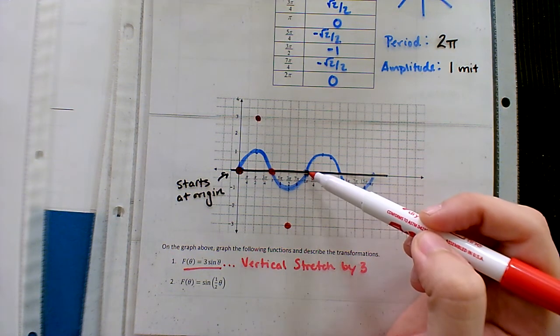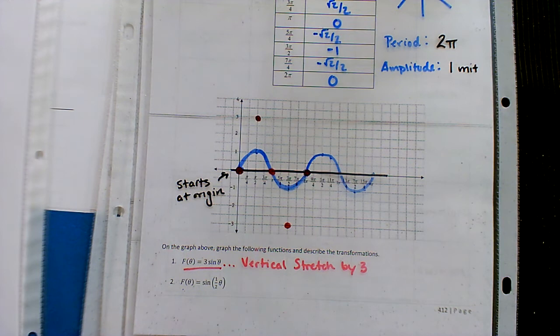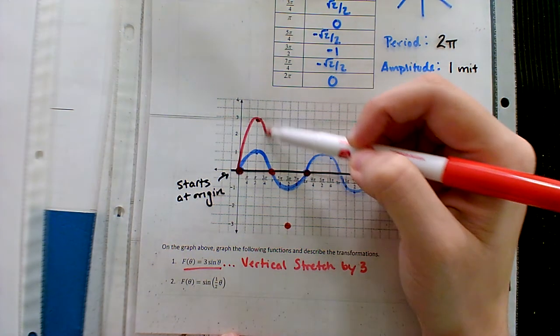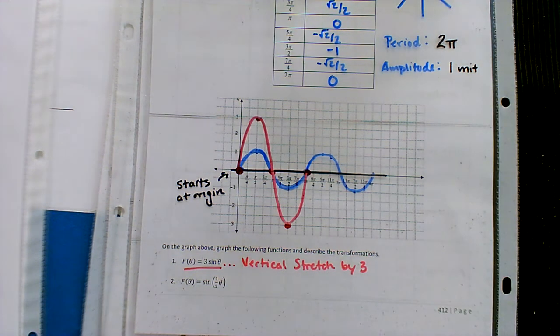And then we're back at the x-axis at 2 pi because 1 full cycle times 3 is not going to go anywhere. So maybe we'll just graph this 1 cycle. Okay, there's the graph of 3 sine x.